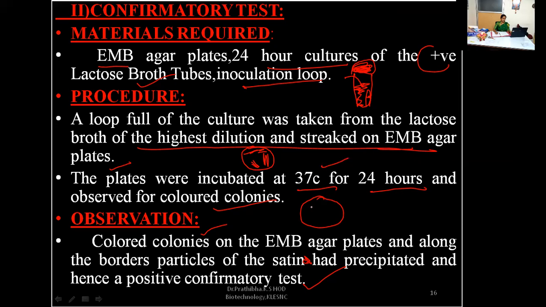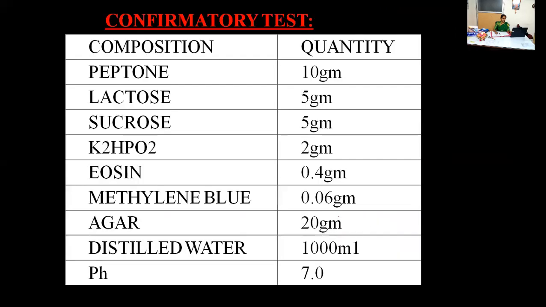After the incubation, if you get colored colonies, very shiny particles in the precipitated form in the EMB agar plate, then that is the confirmed test. Yes, there is a presence of coliform bacteria.